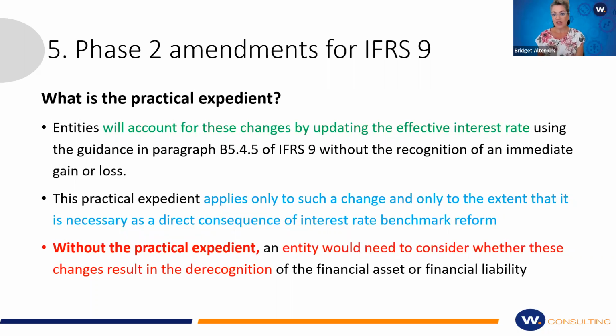If there is any other change, in other words, if the financier is not just changing the interest rate, but is also going to change the term at the same time, then they cannot rely on the expedient which has been issued as part of the IBOR reform phase 2. If the only change in the instrument is the interest rate, then they can rely on these practical expedients which have been issued as part of the IBOR reform phase 2.